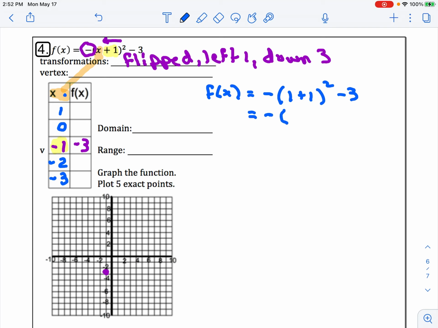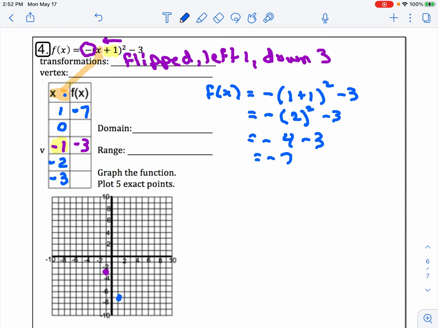Otherwise, you have to take the opposite of 1 plus 1, which is 2 squared, minus 3, which would be the opposite of 2 squared, or 4, minus 3, which gives you negative 7. Okay? So then I can graph. I like to graph these as I go. So I would get 1, negative 7, which is right here.